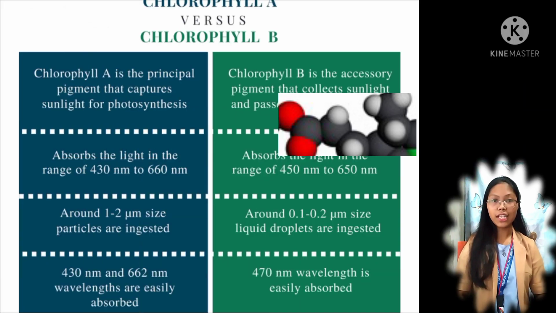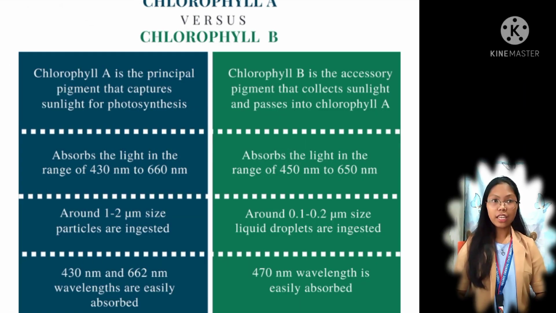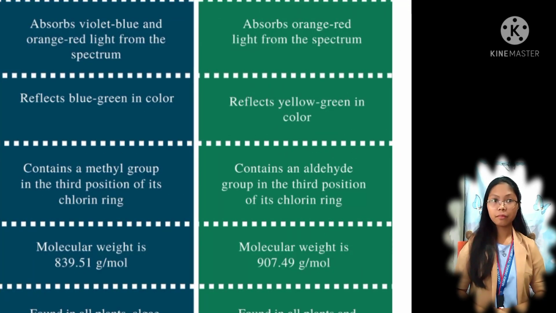Chlorophyll A refers to the green pigment which helps in absorbing light and providing energy in the process of photosynthesis. It is present in algae, cyanobacteria, and all plants.